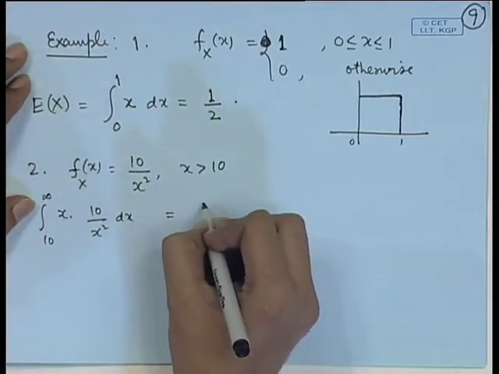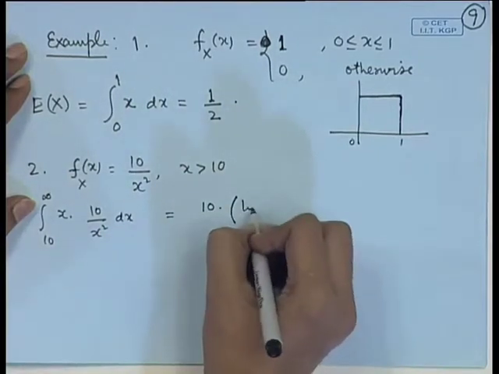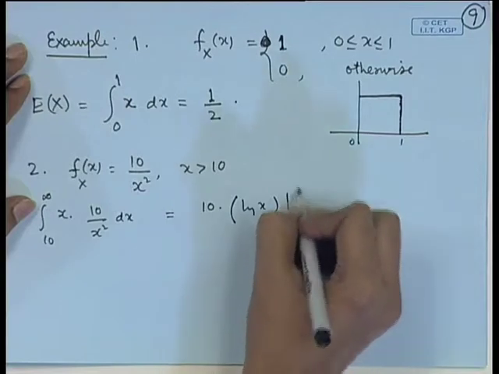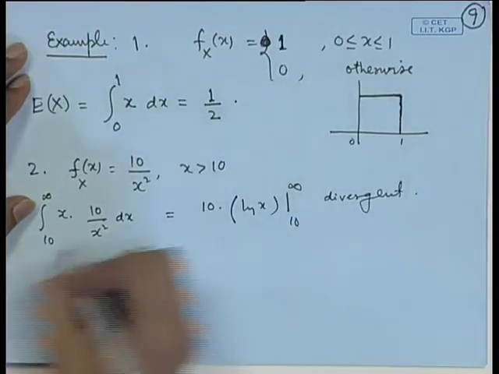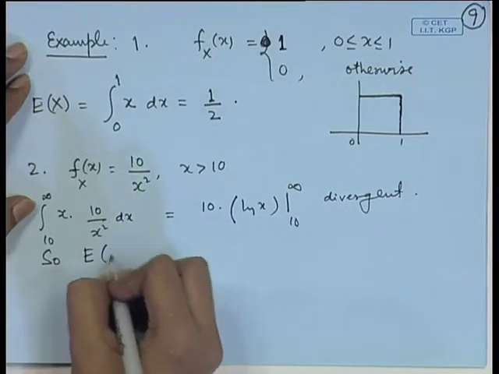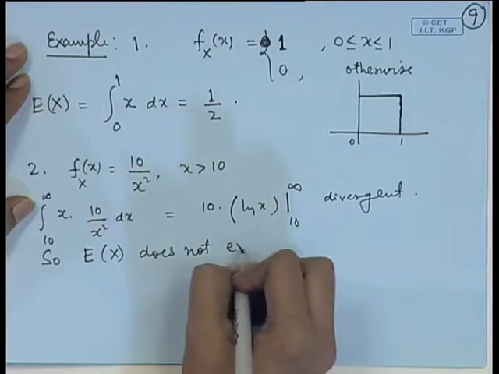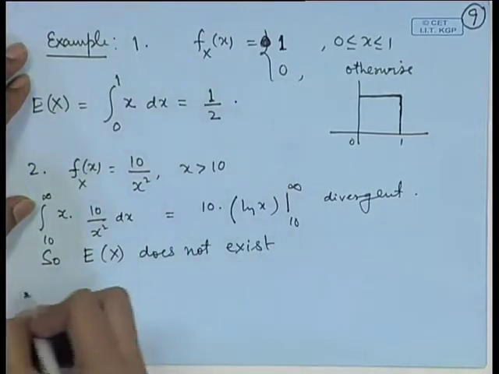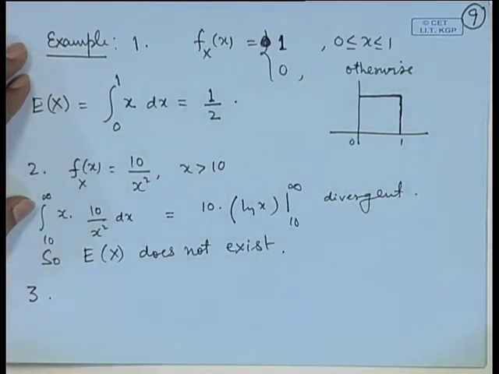So, that is equal to 10, and integral of 1 by x is log x from 10 to infinity. This is divergent. So, here expectation of x does not exist. Let us consider another example.